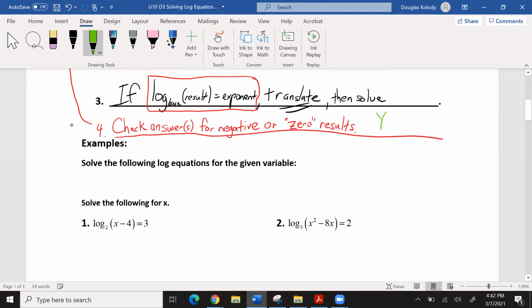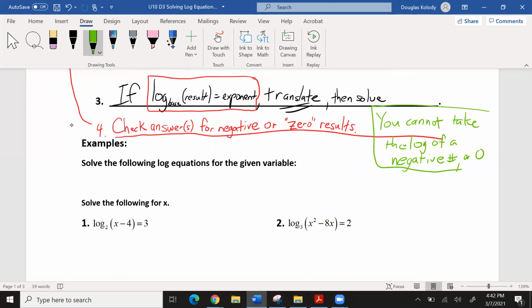So you cannot take the log of a negative number or 0.